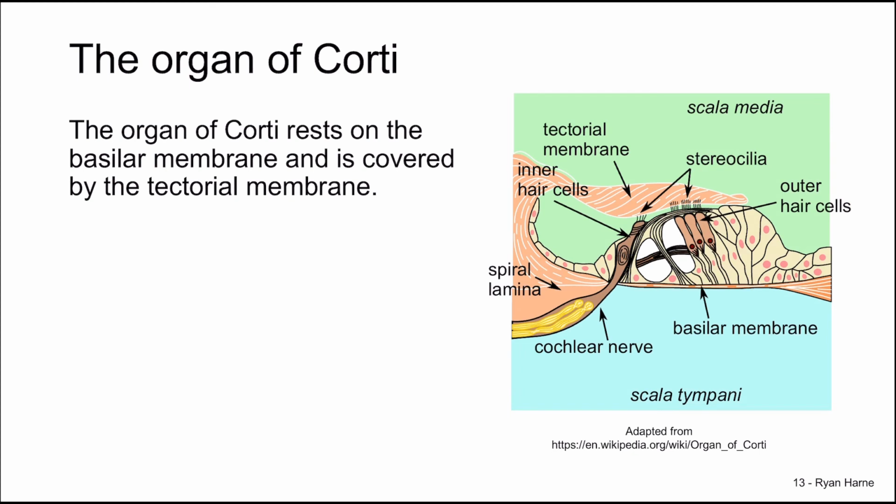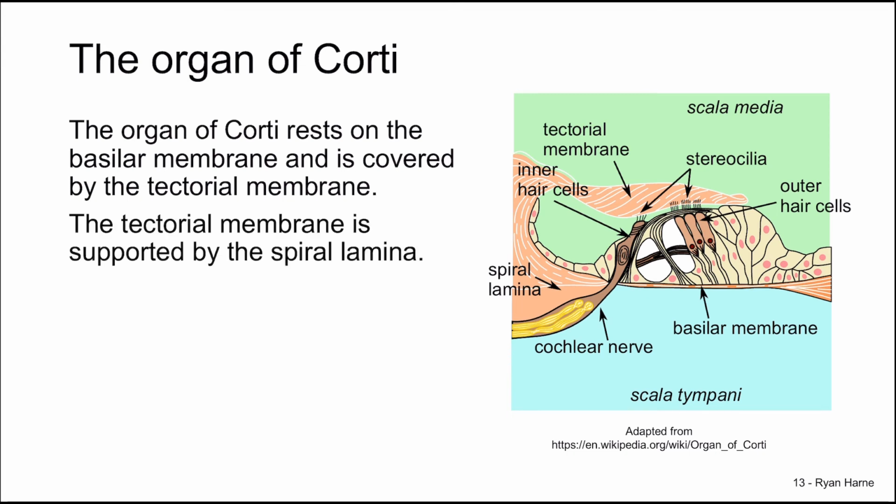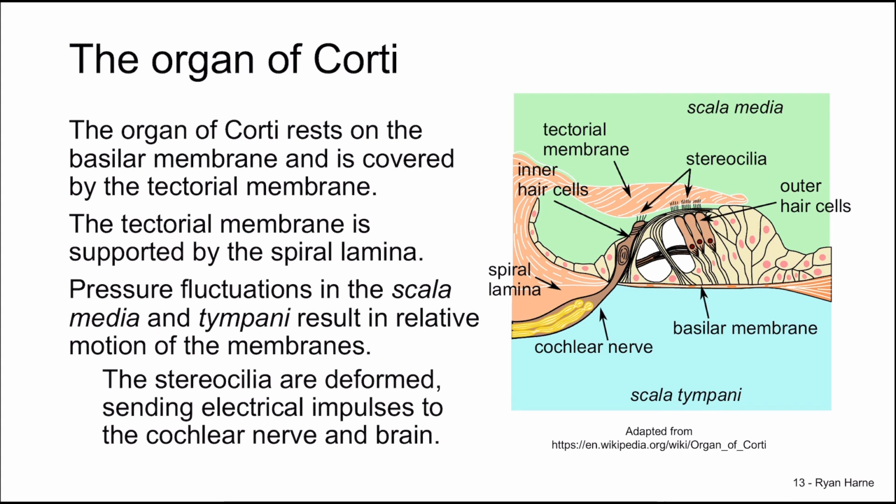The organ of Corti is also at the center of the cochlea, and this rests on the basilar membrane and is also covered by another membrane called the tectorial membrane. The tectorial membrane is supported by spiral lamina, which is an additional interface between the scala media and scala tympani.